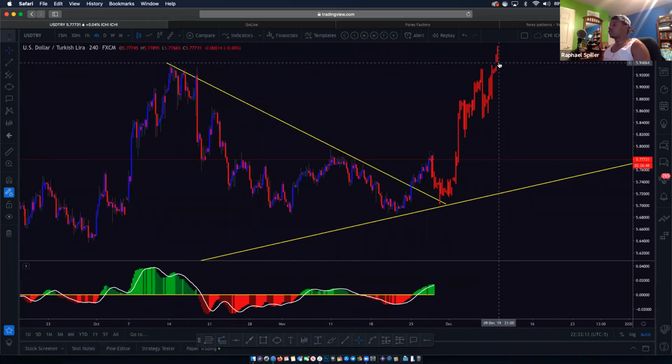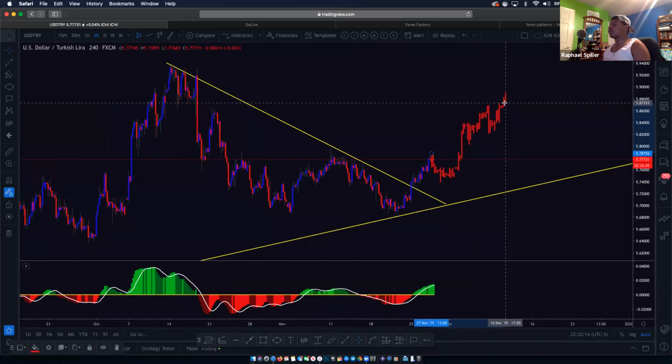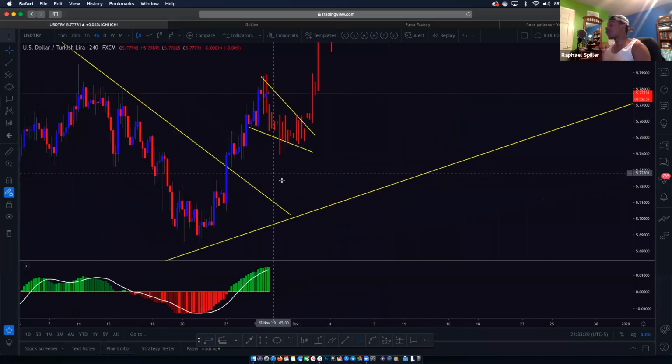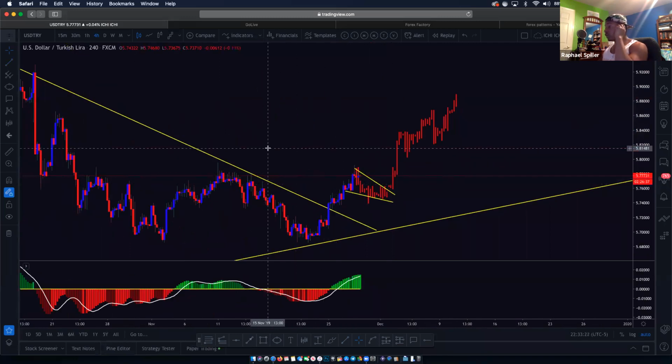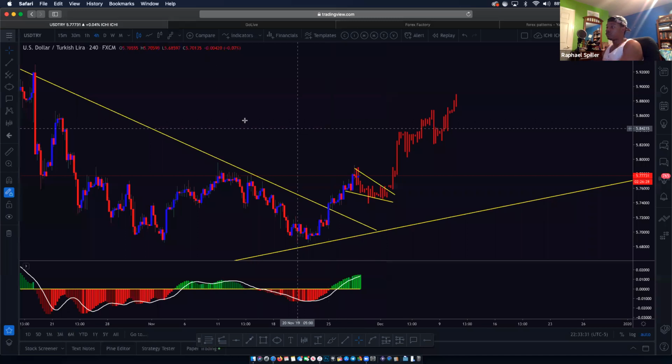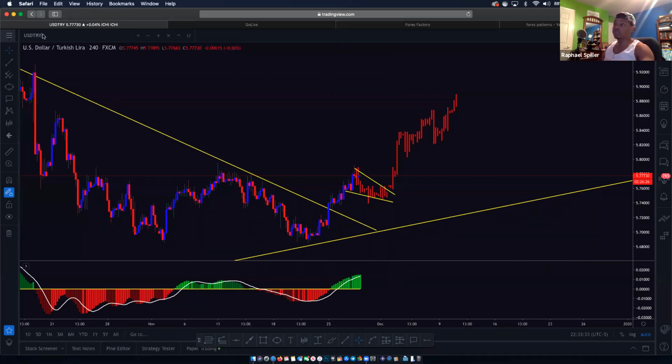That's what we need, because right now it's too steep. We need some form of consolidation, you guys. Consolidation means moving sideways. So we need some form of sideways movement before we continue up. That's what we need for USD TRY. This is an exotic pair, so this will pay out very well.